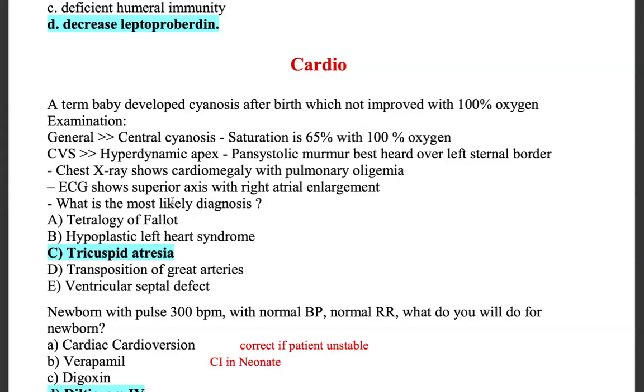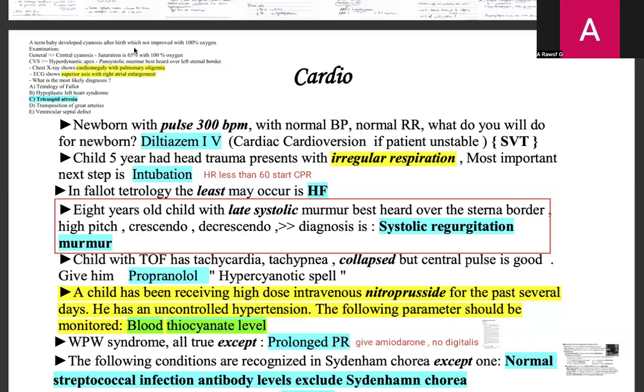They have chosen transposition of great arteries, but the answer is tricuspid atresia. This is the same question we read from the other slide.